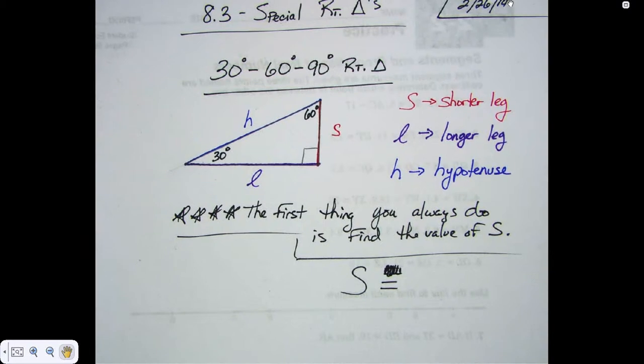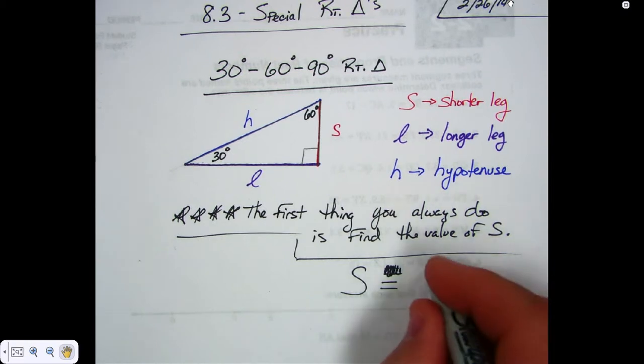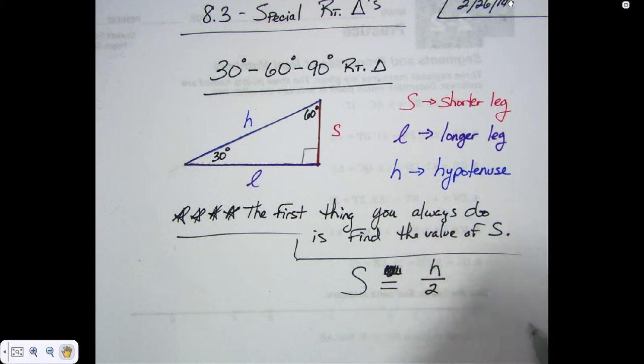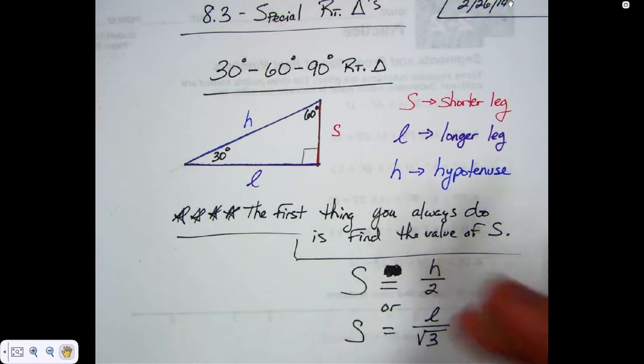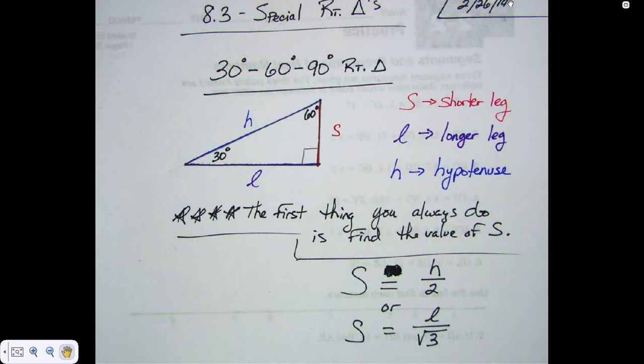S is always equal to the hypotenuse divided by 2, or S is always equal to the longer leg divided by the square root of 3.